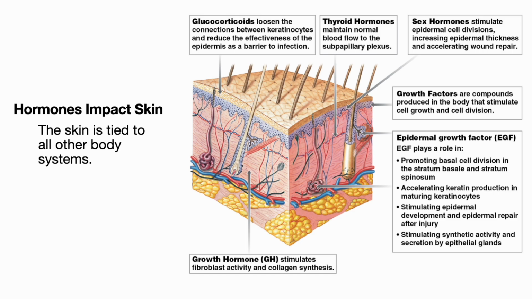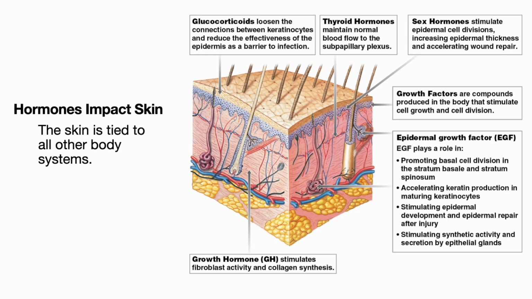So changes there would also affect the skin. Epidermal growth factors are going to be really important in promoting cell division in stratum basale and accelerating keratin production. So again, just this idea that any changes to these hormones and growth factors is going to affect how the skin functions and affect its structure.